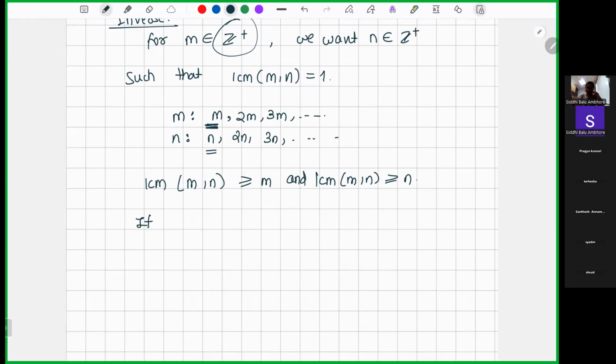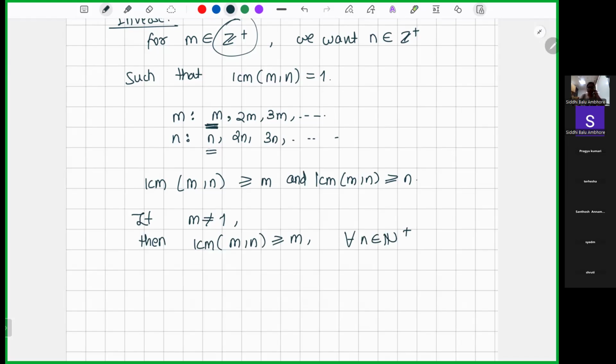So if m is not equal to 1, then LCM of m with n will be greater than or equal to m, which is greater than 1, for all n in Z plus, right? That's what we saw. It will be greater than or equal to both.